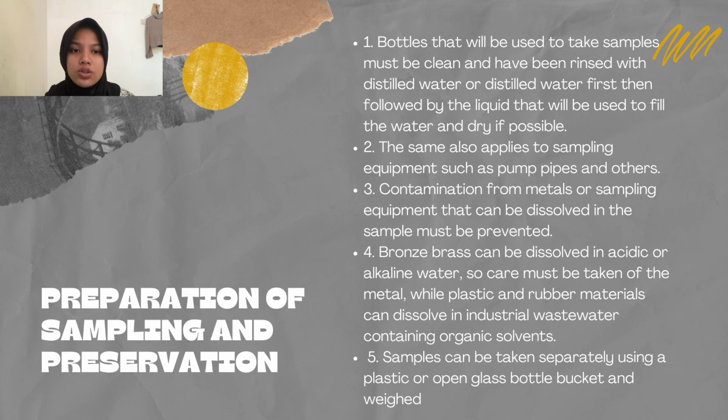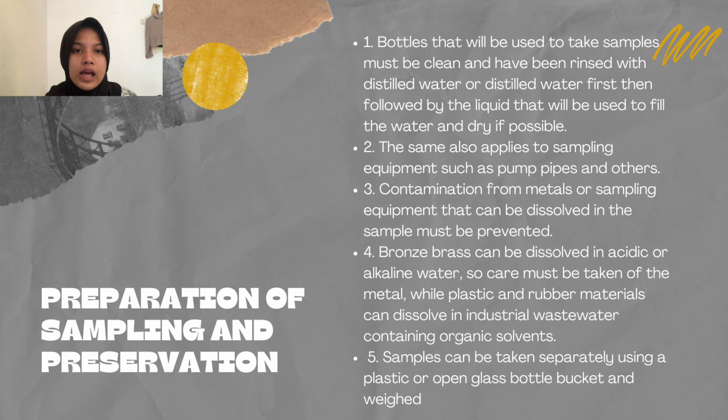And also make sure the bottle does not contain any contaminant from the previous analysis. This is very important, so that there should be no trace of contaminants from the previous analysis.